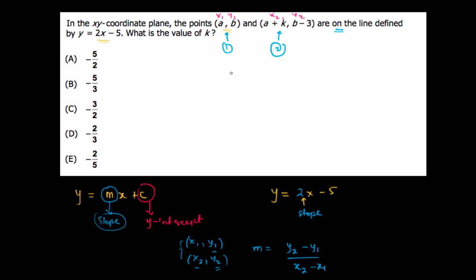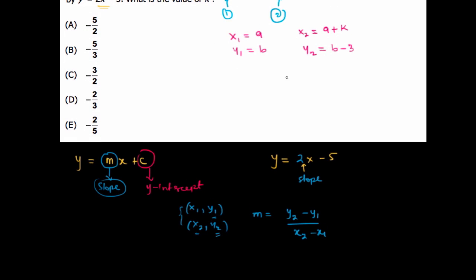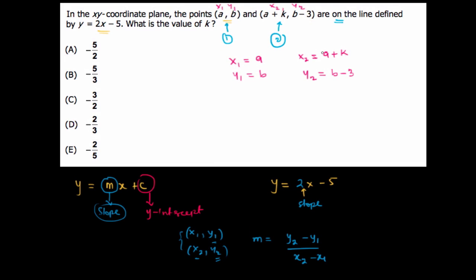So let's write that out. My x1 is a, my y1 is b. My x2 is a + k, while my y2 is b - 3.